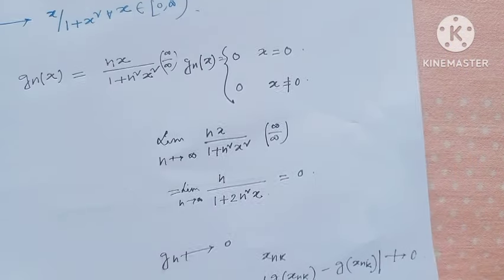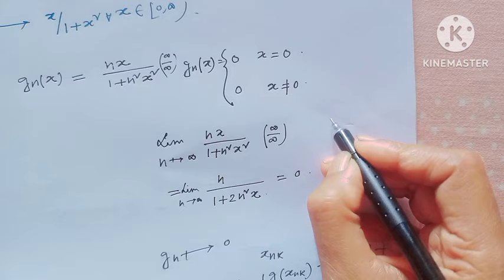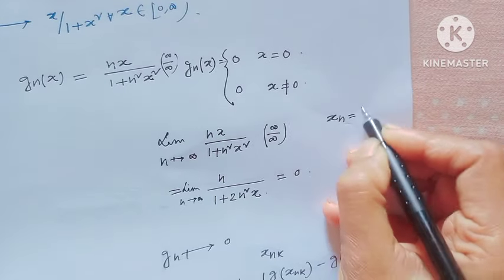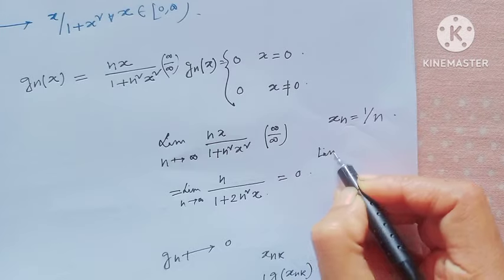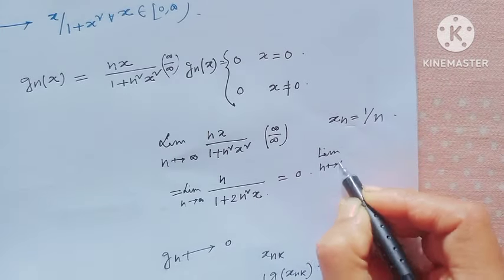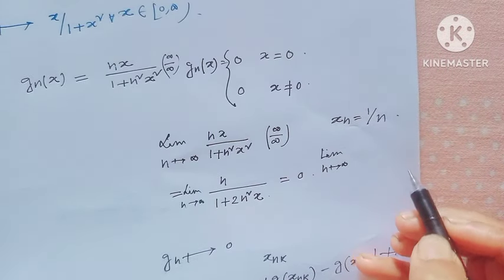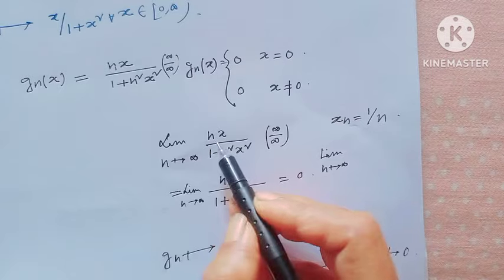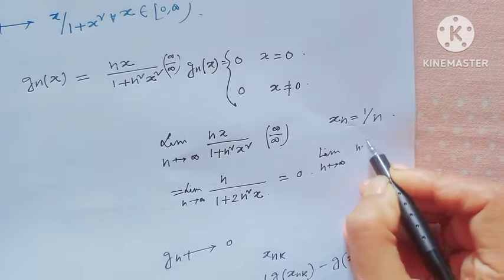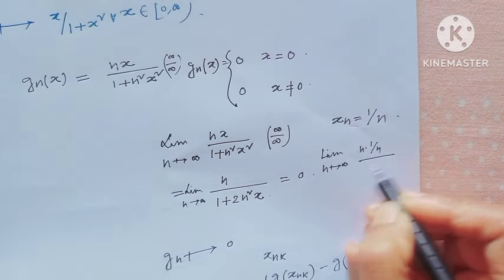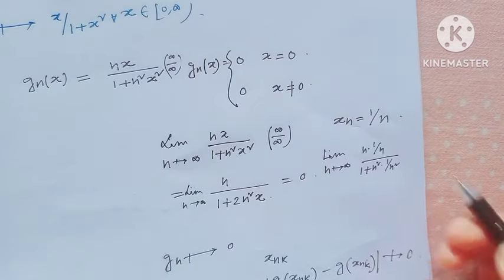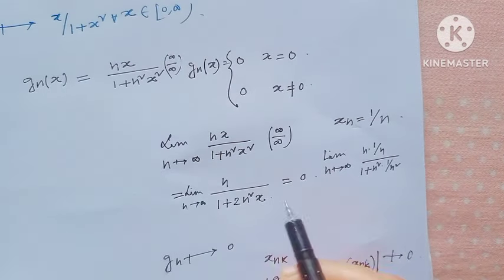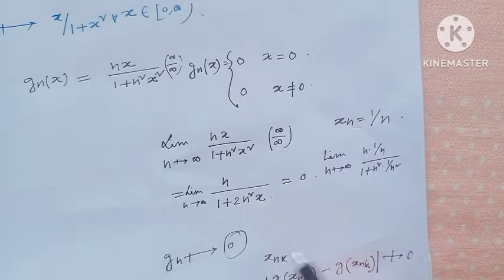For this, if we consider the sequence xn equal to 1 over n, then the limit as n goes to infinity of gn(xn) means n times 1 over n divided by 1 plus n squared times 1 over n squared, and g(xn) is 0.